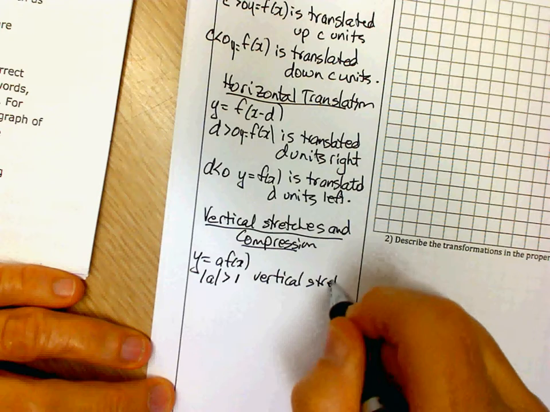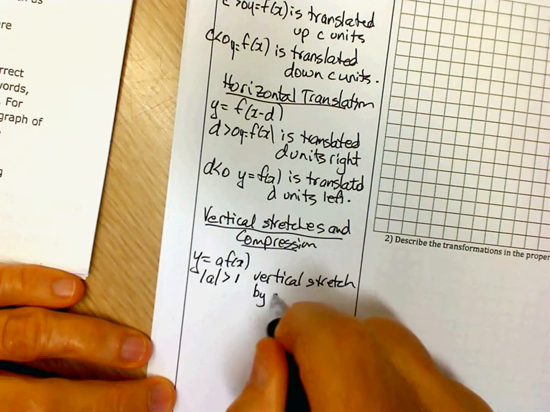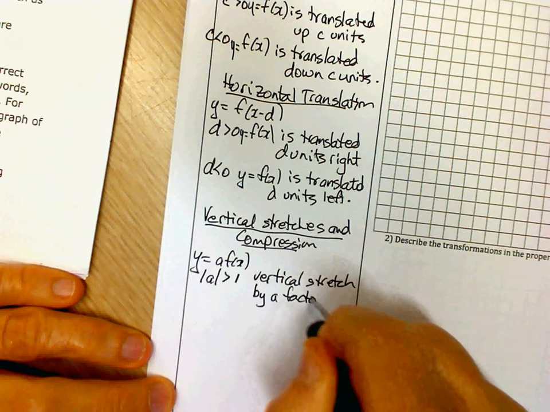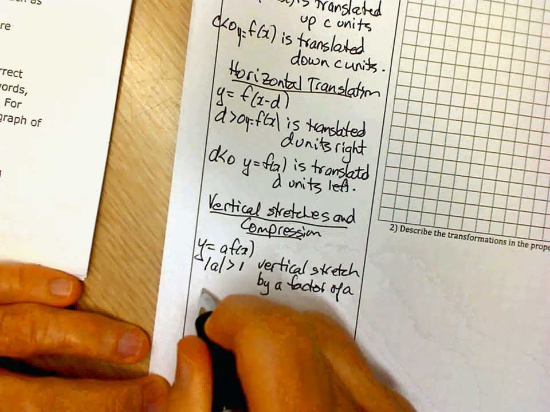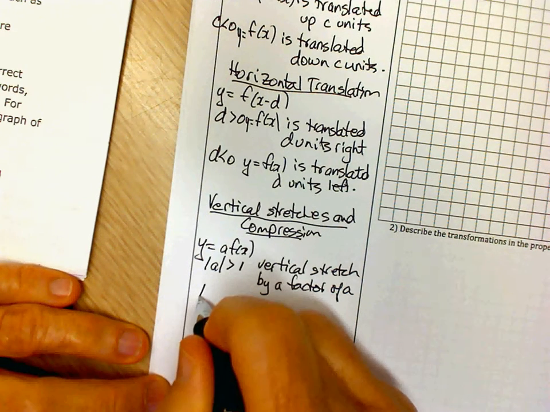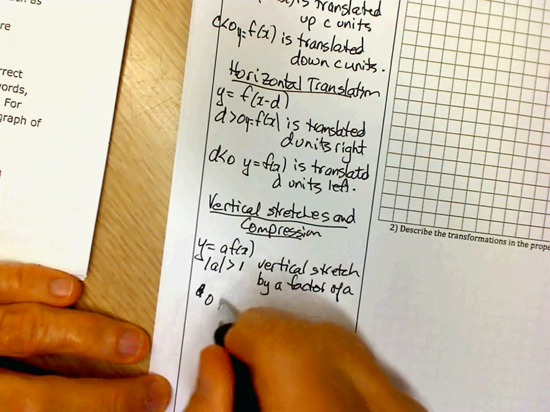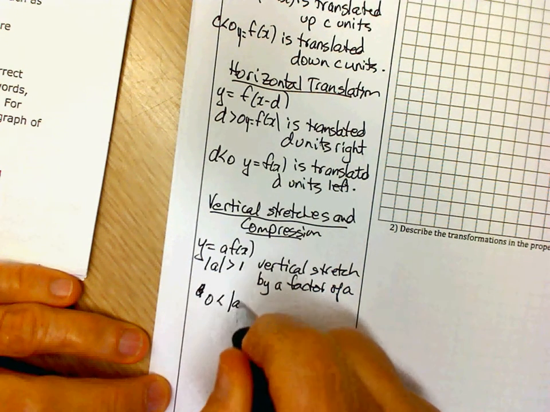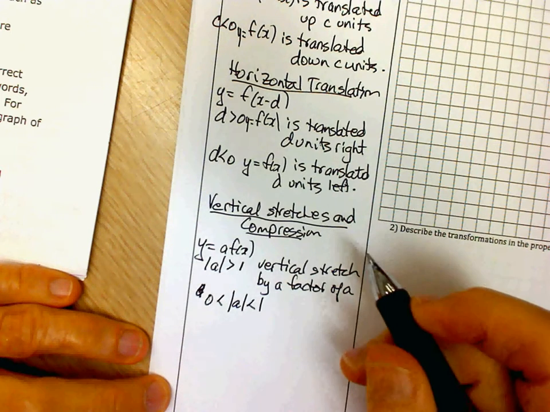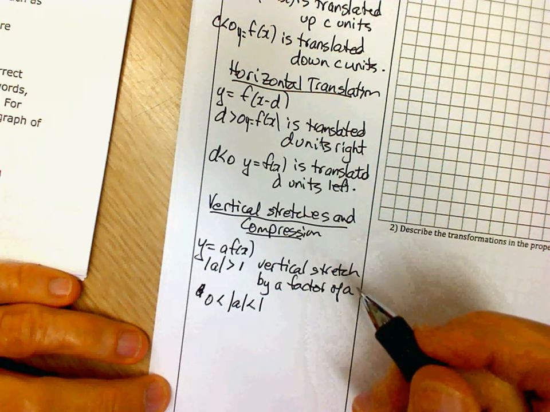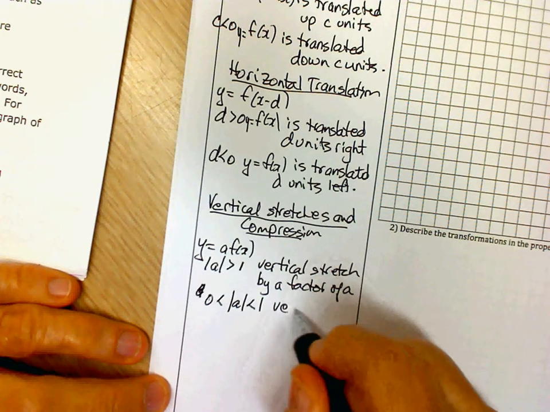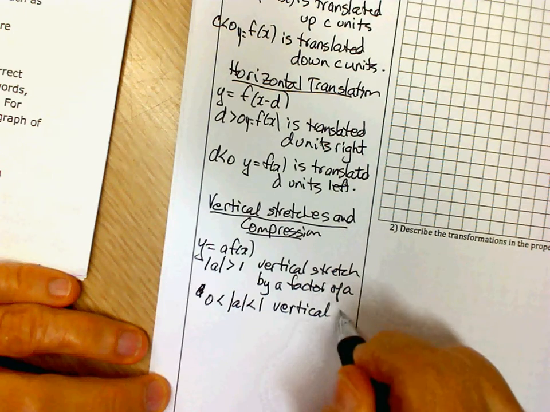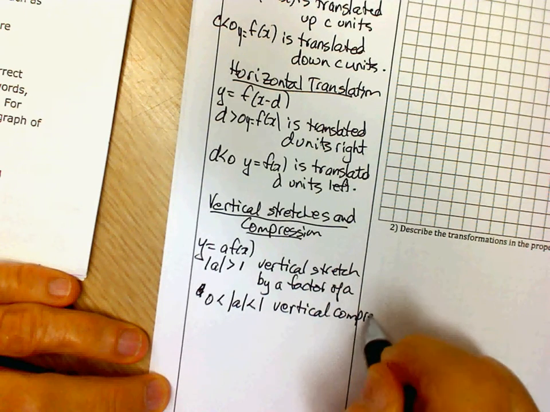And if 0 is less than the absolute value of a is less than 1, you get a vertical compression by a factor of 1 over a.